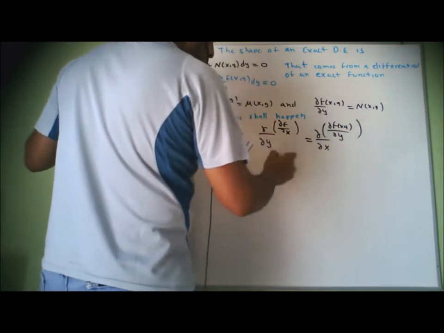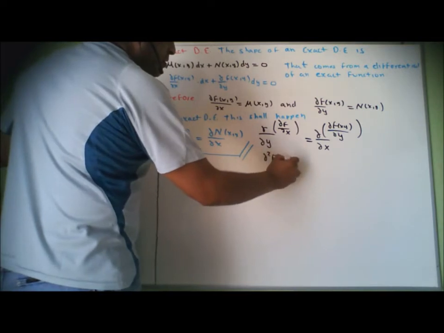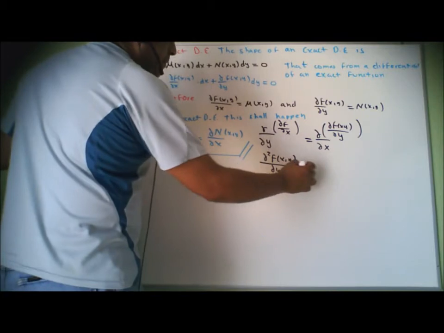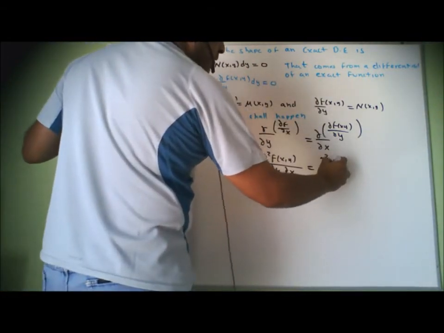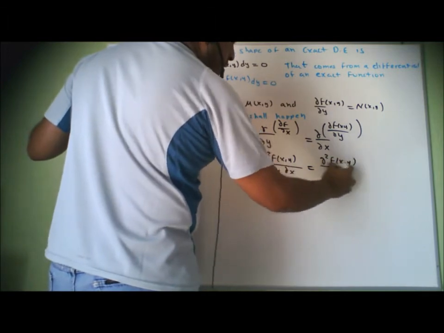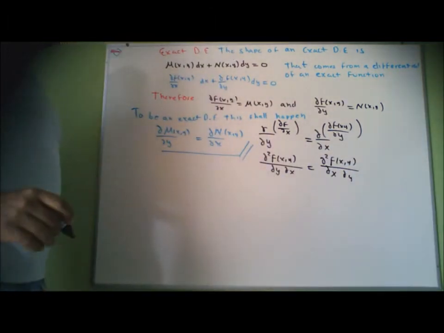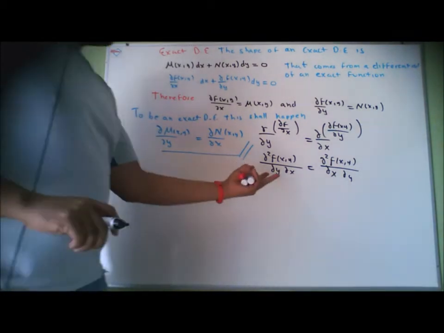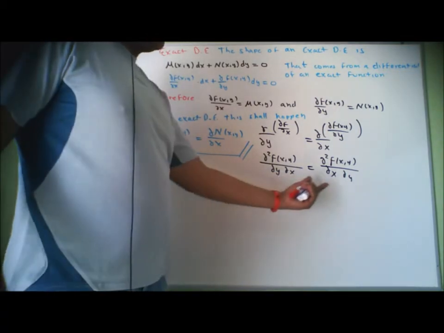So what happens here is that this is a second partial derivative of the function, first with respect to x and then with respect to y. And on the other side, it is a second partial derivative of the function, first with respect to y and then with respect to x. And this reminds me of the second concept we saw in the previous video. Here you have the cross partial derivatives, and they happen to be the same.